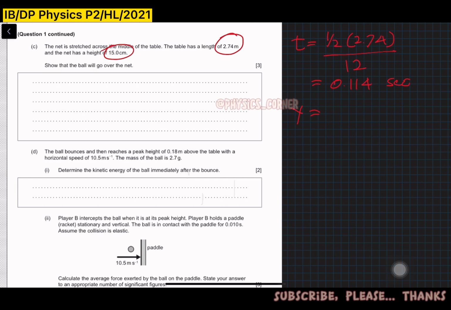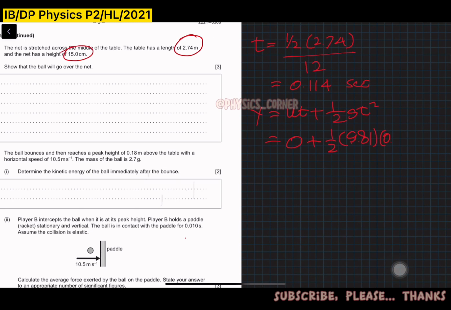We use y equals ut plus a half gt square. u is still 0 and t is 0.114, so this is 0 plus a half g, where g is 9.81, times t square, 0.114 square.